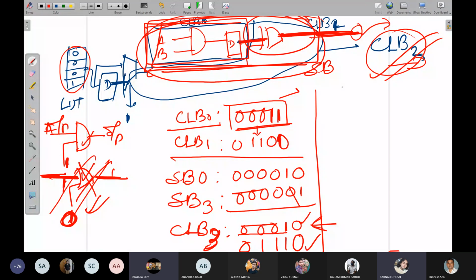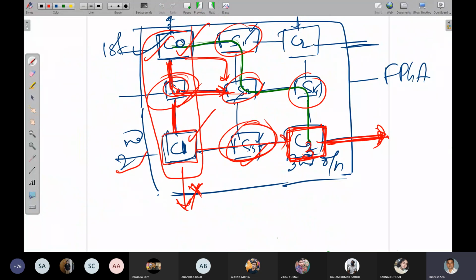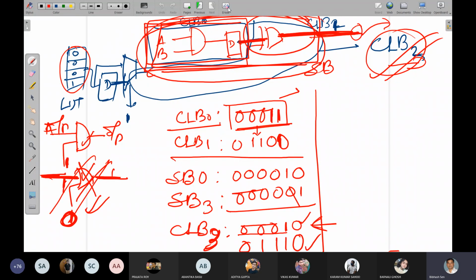I have minimized it, but I am going to CLB1. Okay, CLB1 fully relies on the output of this circuit and the input from the additional that we will implement. It is a XOR gate. So what is the XOR gate combination?